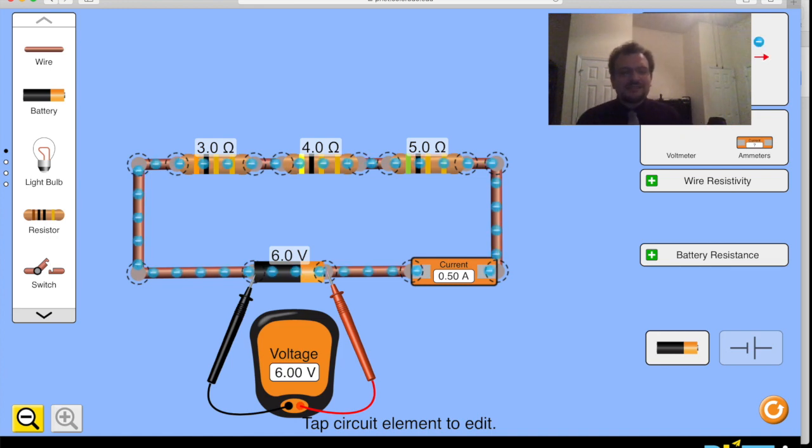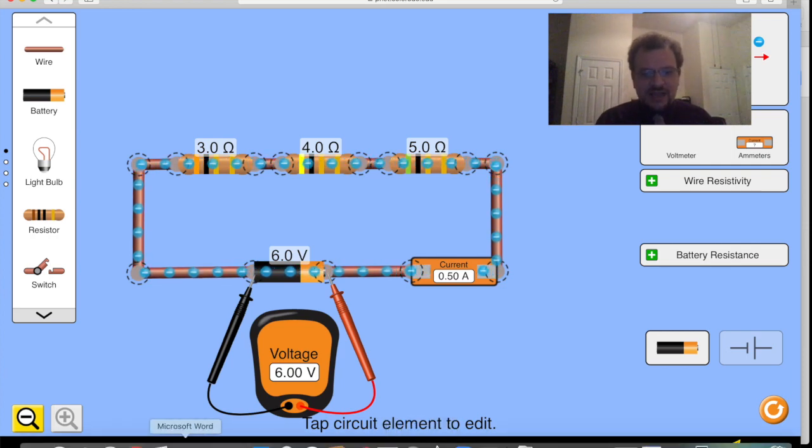Here we can see the electrons going around in a circle. Each electron is going from one resistor to the next, and then around through the ammeter, which is measuring the current going through it. And then it goes back to the battery. So the current is the same everywhere in this circuit because the electrons have no choice as to where to go. They must follow this one path.